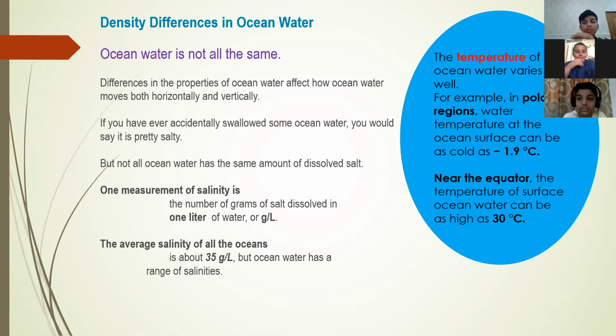At the polar region, the temperature is about minus 1.9 degrees centigrade. One measurement of salinity is the number of grams of salt dissolved in 1 liter of water. So we get the salinity from the amount of salt.